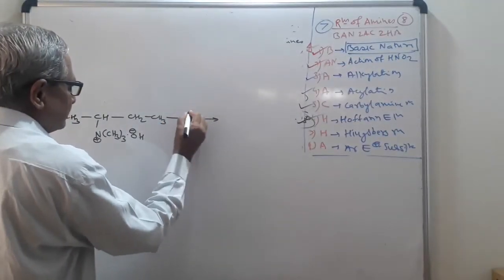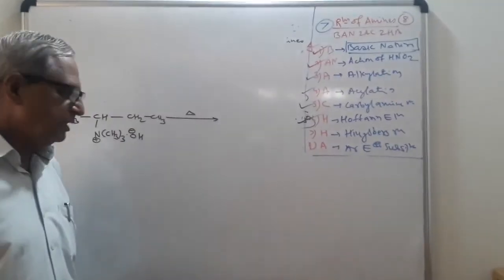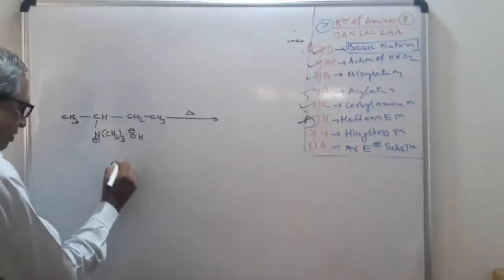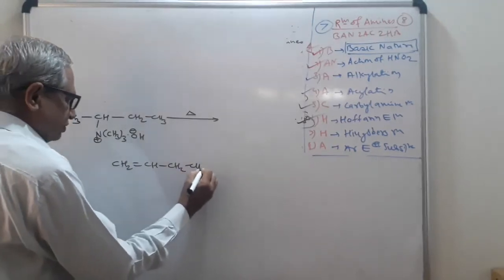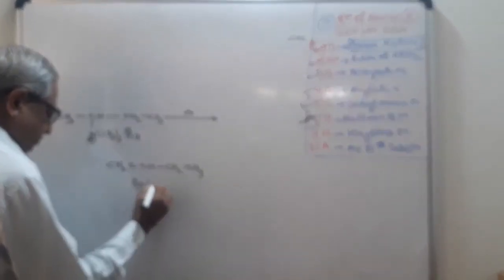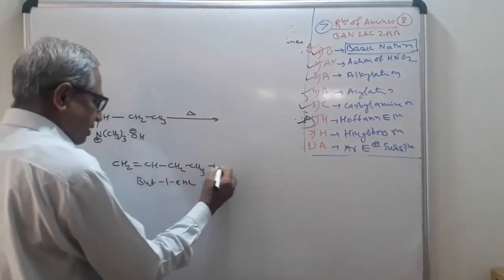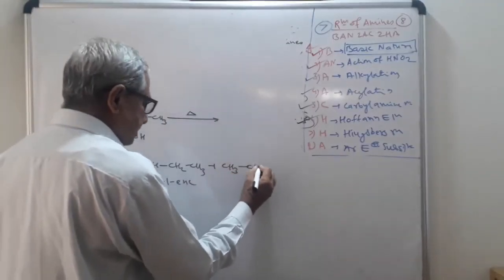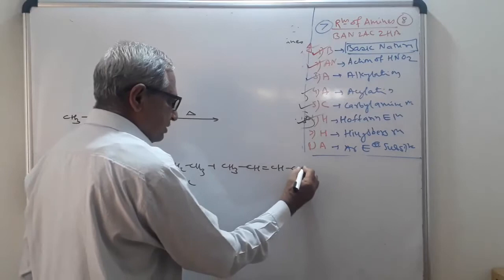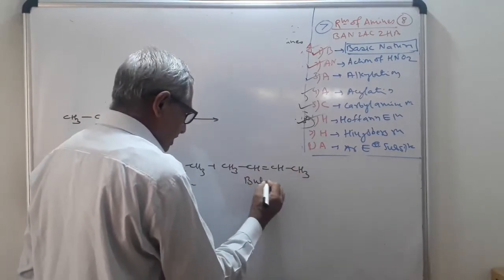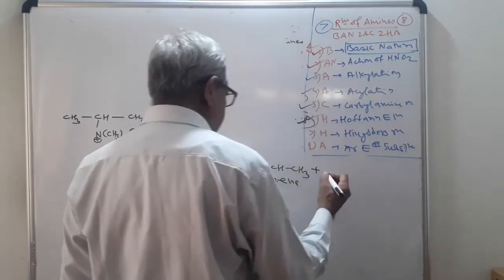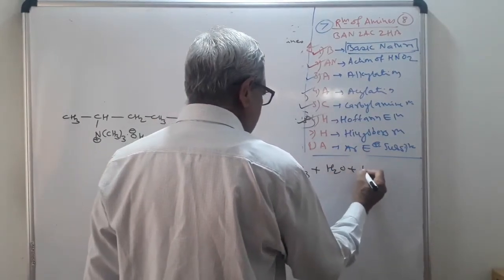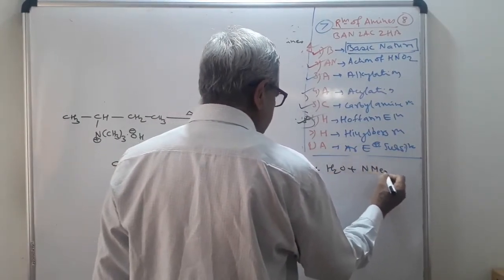When you heat this compound, it undergoes elimination. You will get two products: CH2=CHCH2CH3, known as but-1-ene. Second product is CH3CH=CHCH3, known as but-2-ene. The third product is water, H2O, and the last product is NMe3.